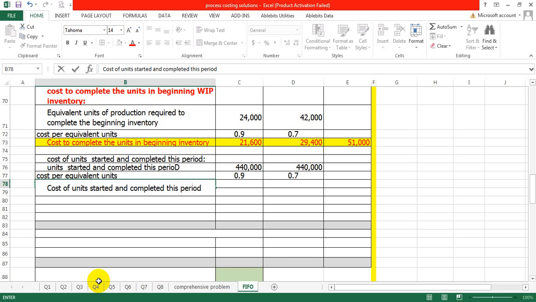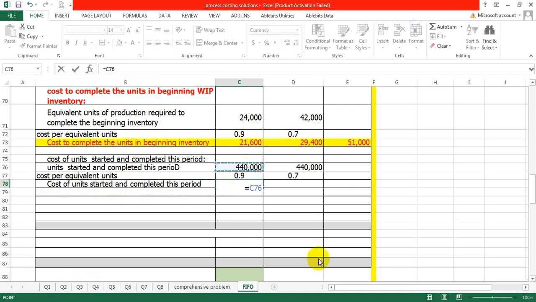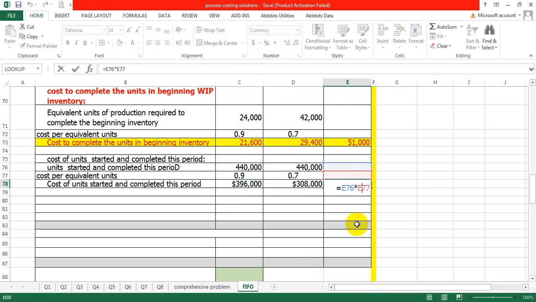We multiply this value by this value, and we get 7,04,000. This is the cost of units started and completed this period.